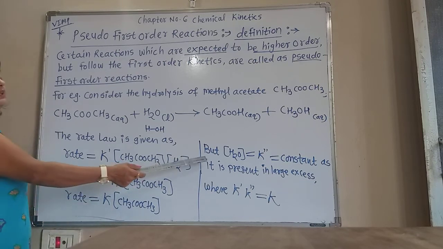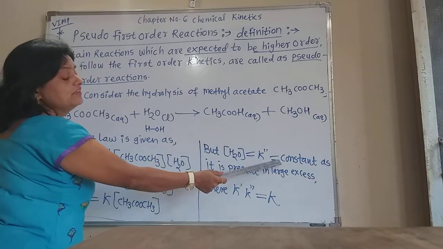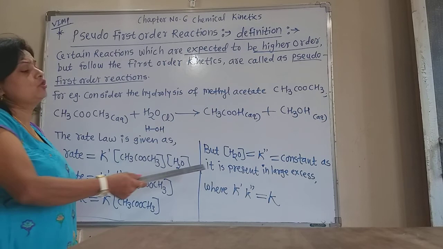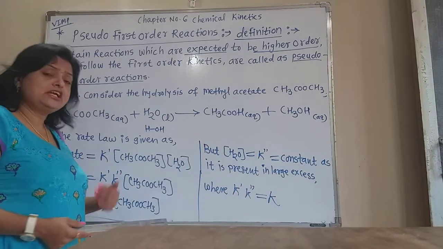The concentration of water is always constant, because very few molecules of water are used for the hydrolysis. There is a large excess of water in the reaction, so the concentration of water is nearly constant.